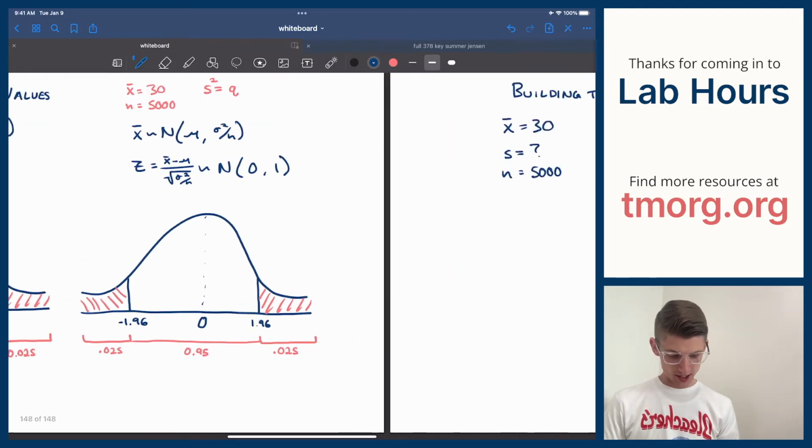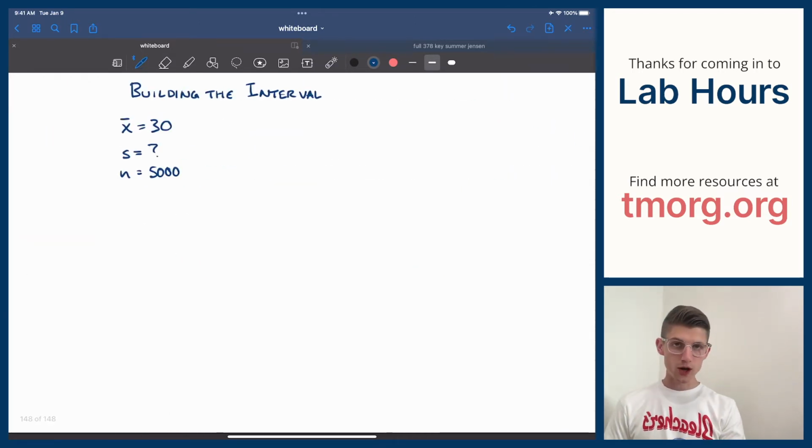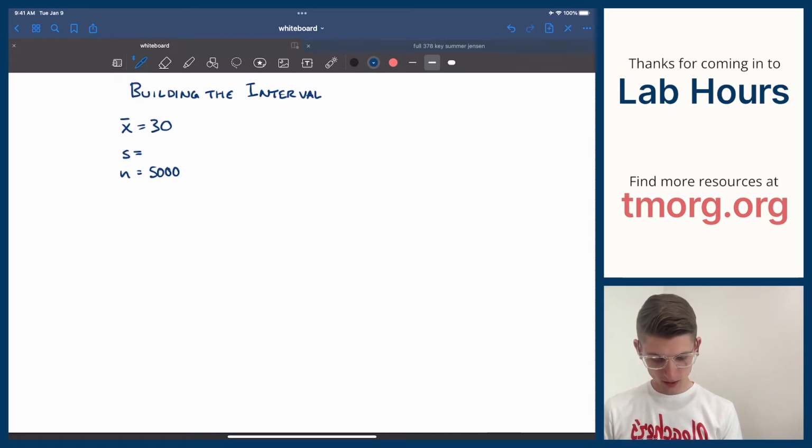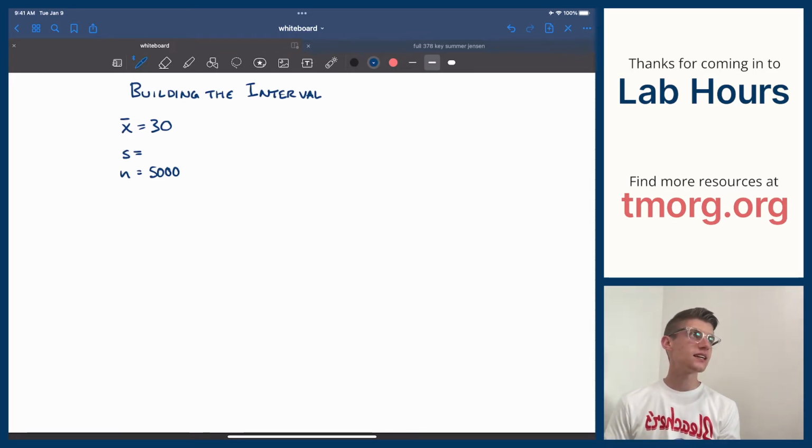I have to actually give a standard deviation here, huh? So let's say they had a standard deviation of 1, just to make things nice and simple. Their sample standard deviation was 1.